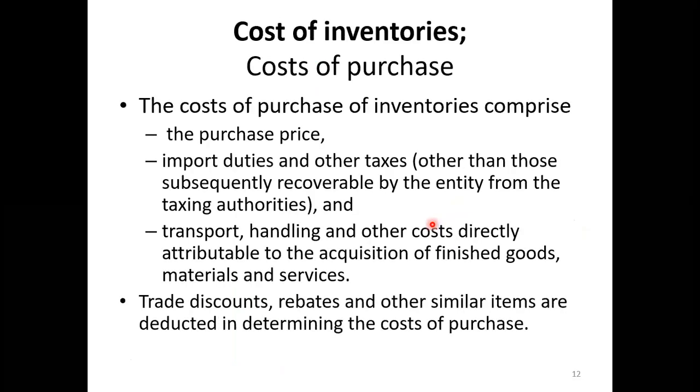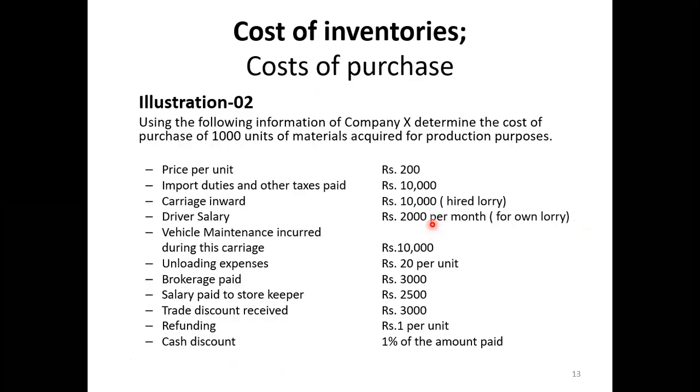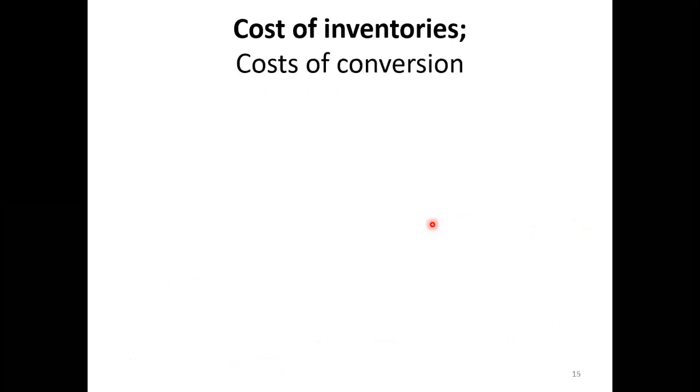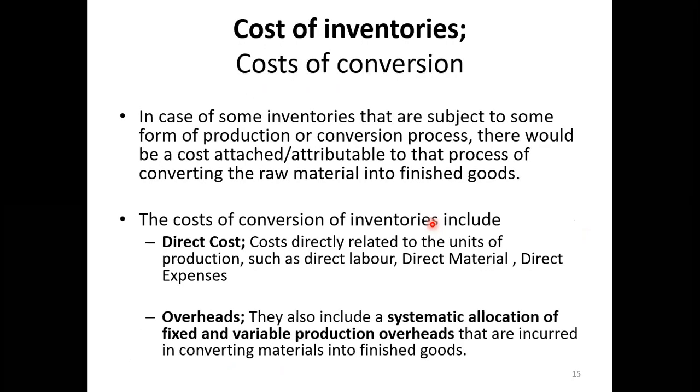We have already discussed the cost of inventories, that is the cost of purchase, and we have done that sum. Now we discuss the cost of conversion. For inventories subject to some form of production or conversion process, there is a cost attributable to the process of converting the raw material into finished goods. The cost of conversion includes direct cost and overhead cost.